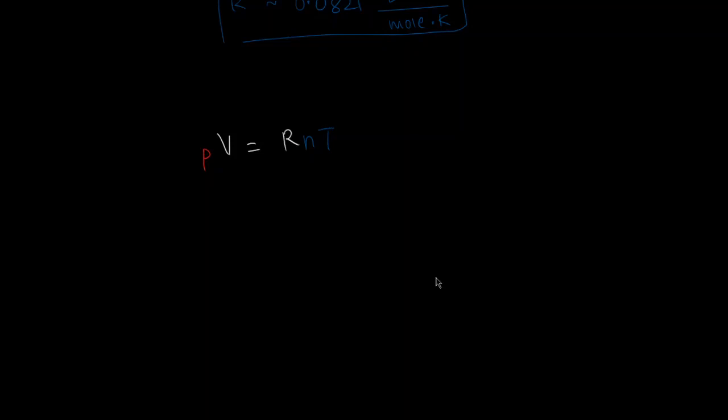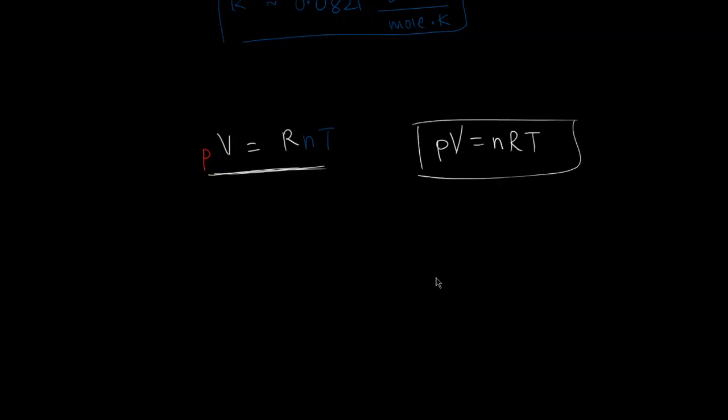Just to write it in a more favorable form, you can write this as PV equals nRT. This is a really, really nice approximation to the ideal behavior of gases.